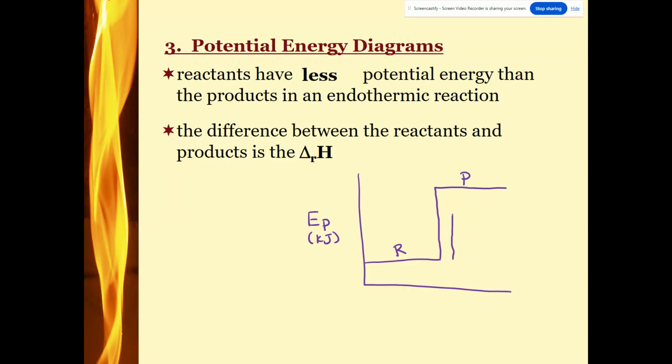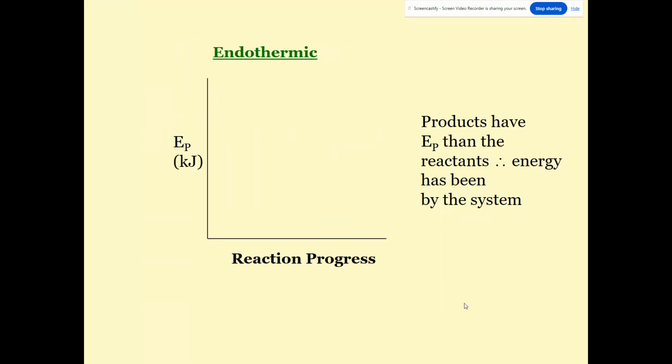So my enthalpy change is going up. My products are going to have more stored potential energy than my reactants. So remember again to always label when you draw a diagram or a graph to label your axes, your X and Y.